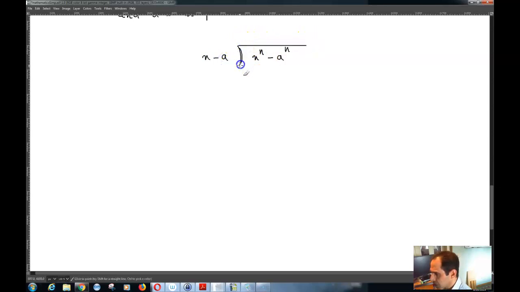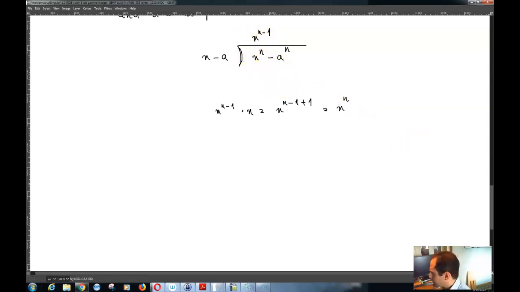If you do this division, x raised to the power n divided by x is x raised to the power n minus 1, because x raised to the power n minus 1 times x is x raised to the power n.